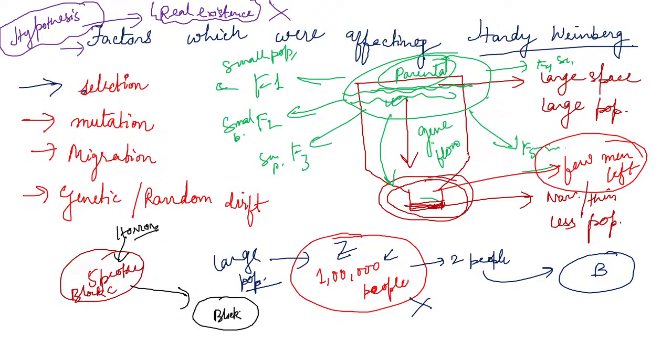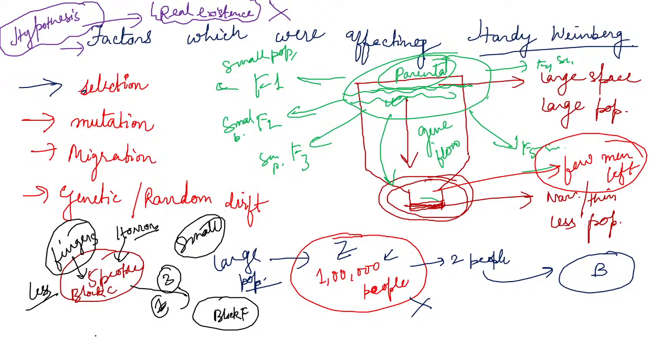So they moved to block number F. So when 3 people, or suppose 1 person, move from block A, how many people will reside? We can count on fingers. The people left over in this horror block are almost countable on fingers. So very, very less in number. So when there is a small population, migration will have a large effect.